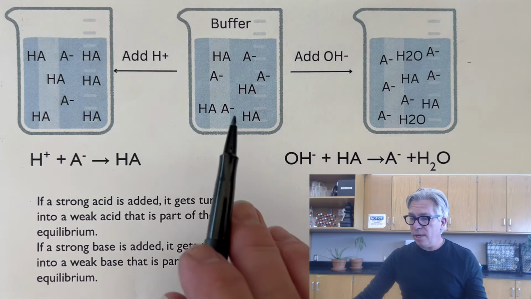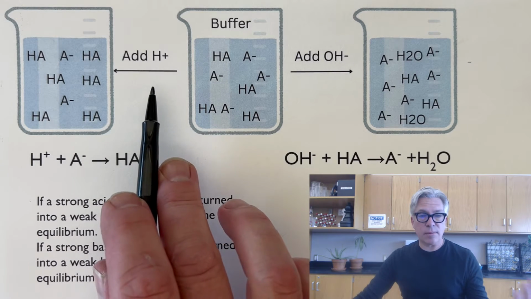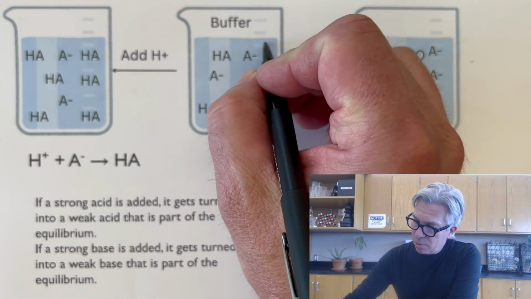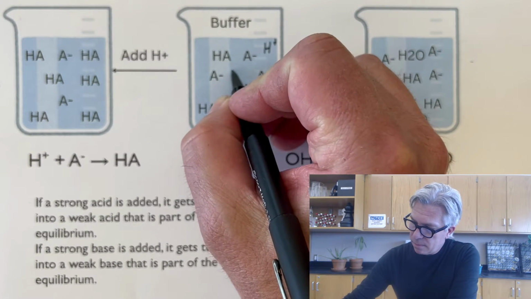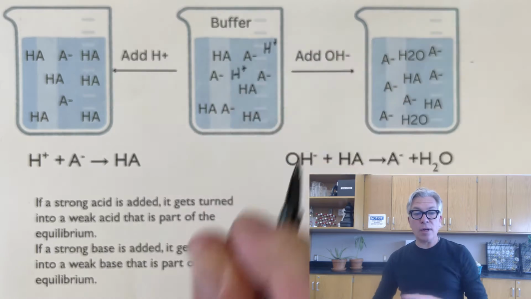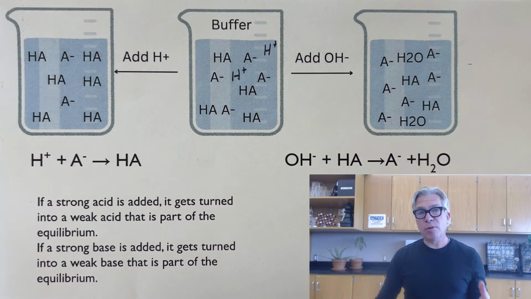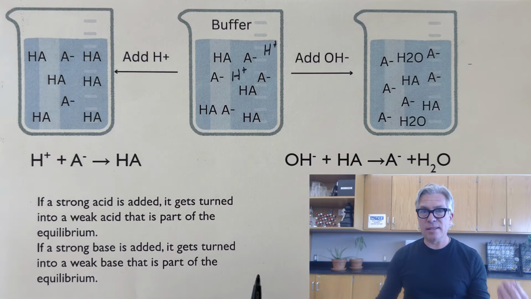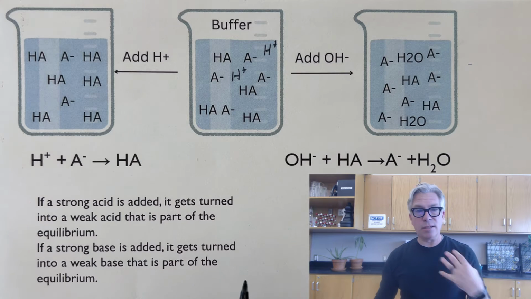And if you add hydrochloric acid or some other acid, let's get some protons in there. In fact, let's drop in a couple of protons that were not there before. What are those protons going to do? They're going to drop into the beaker and they're going to look around to react with the best base available in the solution because they're acids.